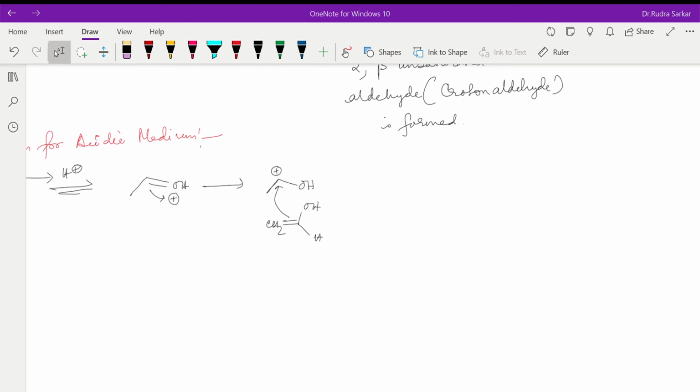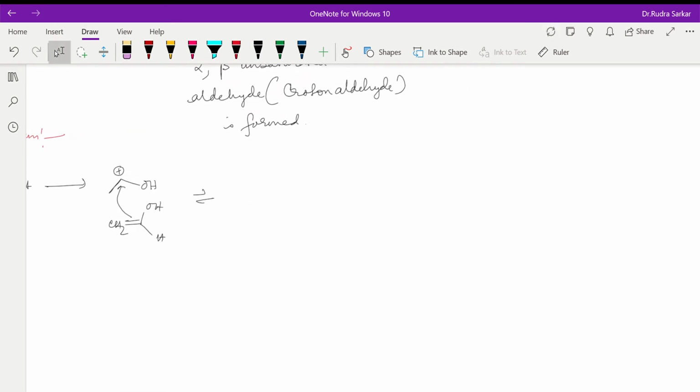All right, and that is how we can think that an aldol will be formed.